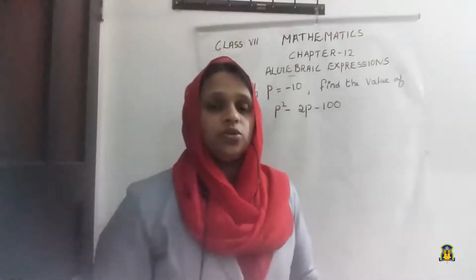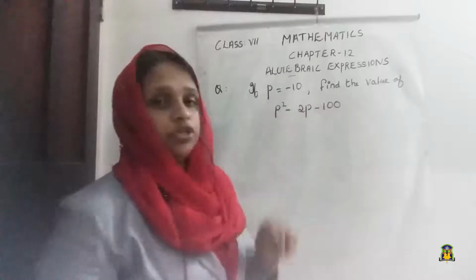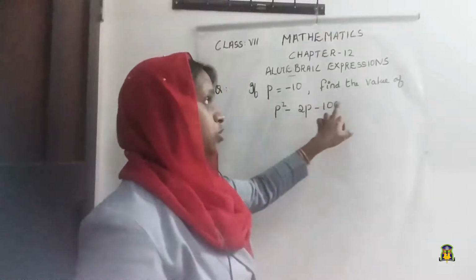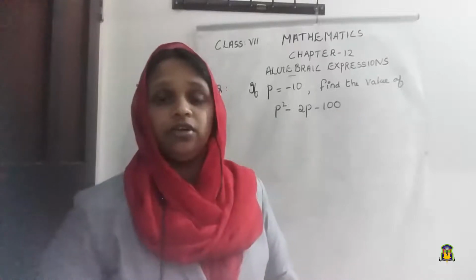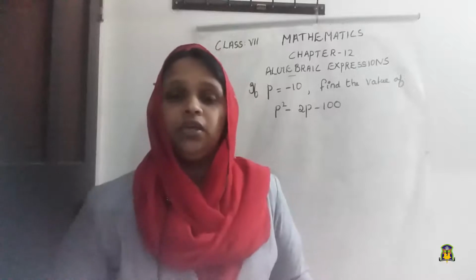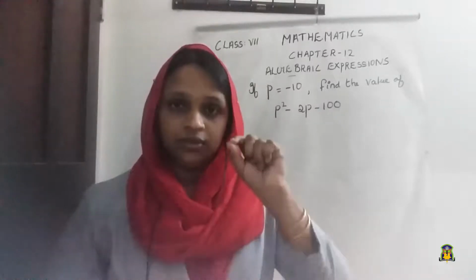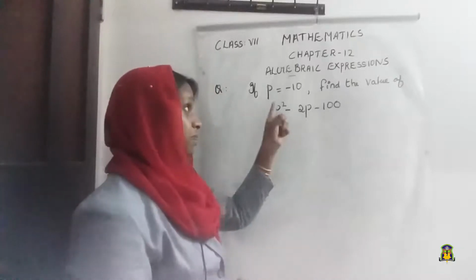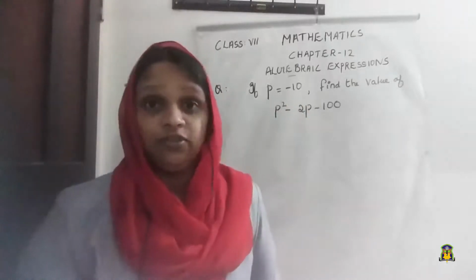So next question. If p is equal to negative 10, find the value of p square minus 2p minus 100. So in this expression, the variable is what? P. So here we want to substitute p is equal to negative 10. Our expression is p square minus 2p minus 100. So we substitute p is equal to negative 10.